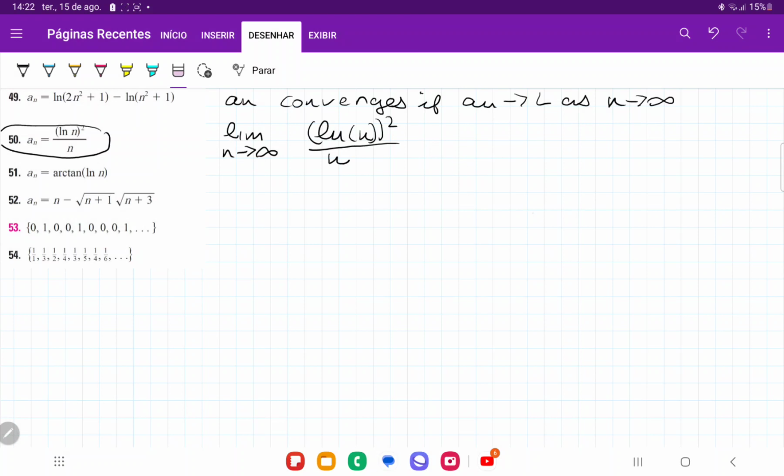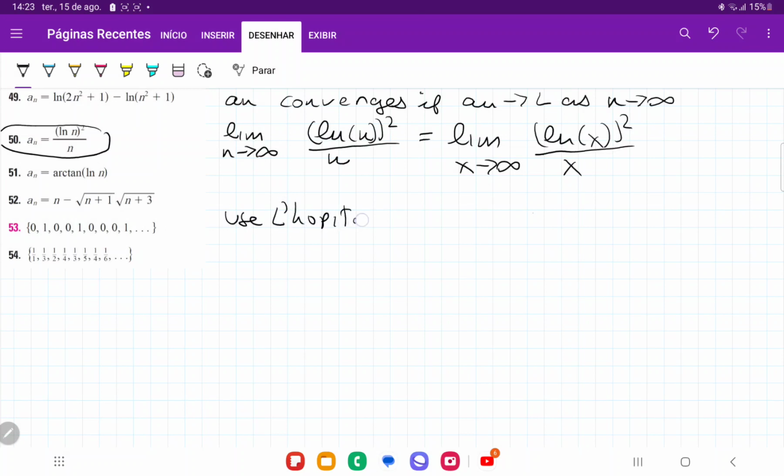So we're going to say, okay, then this is the limit as x approaches infinity of ln of x squared divided by x. And this we can work with. As we've shown, this is infinity over infinity, so we're going to use L'Hopital. We take the derivative of the one on top divided by the derivative of the one on the bottom.